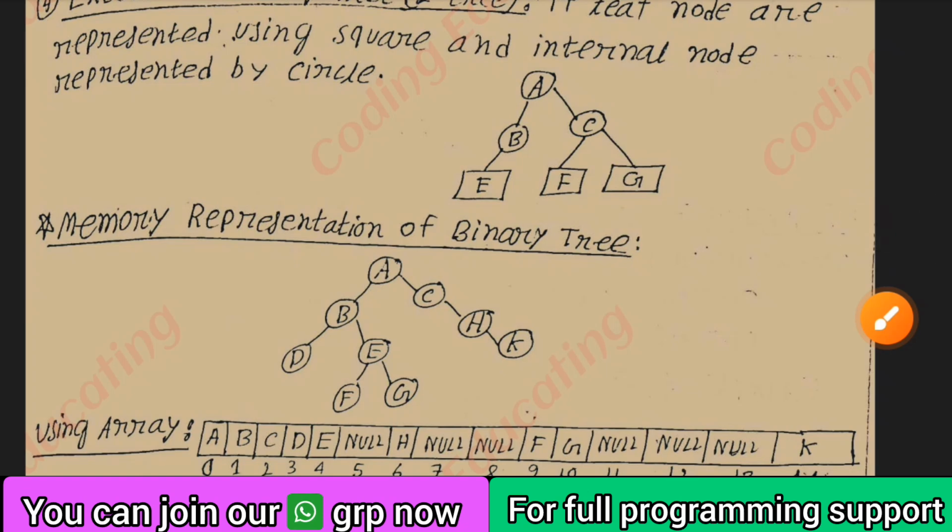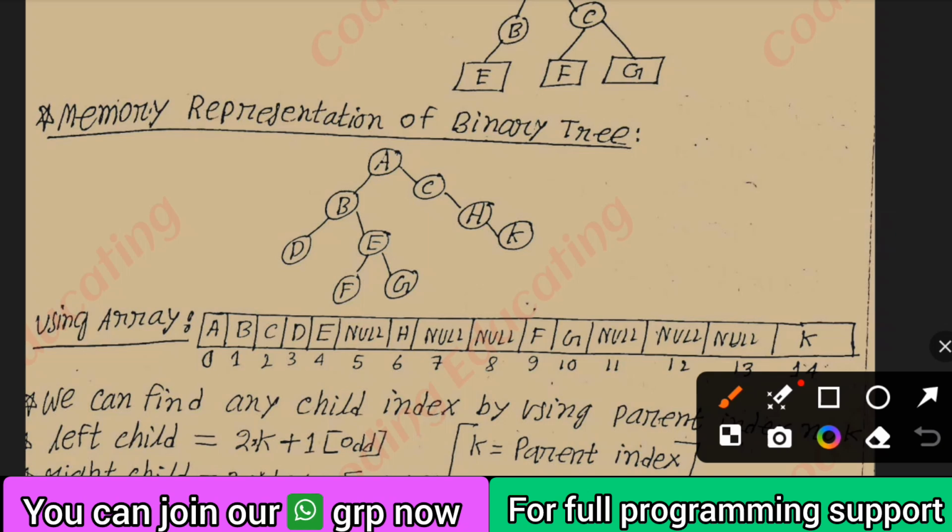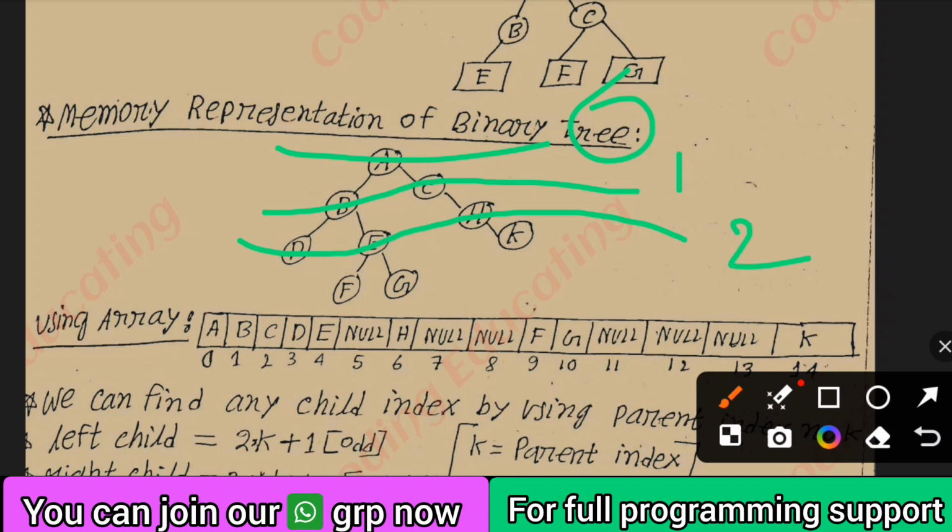Then memory representation of binary tree. How is a binary tree represented in memory in our computer? Using an array. We take the example A, B, C, D, E, F, G, H, I, like that. At first there are rules. We know there is level 0, level 1, level 2, and this is level 3.